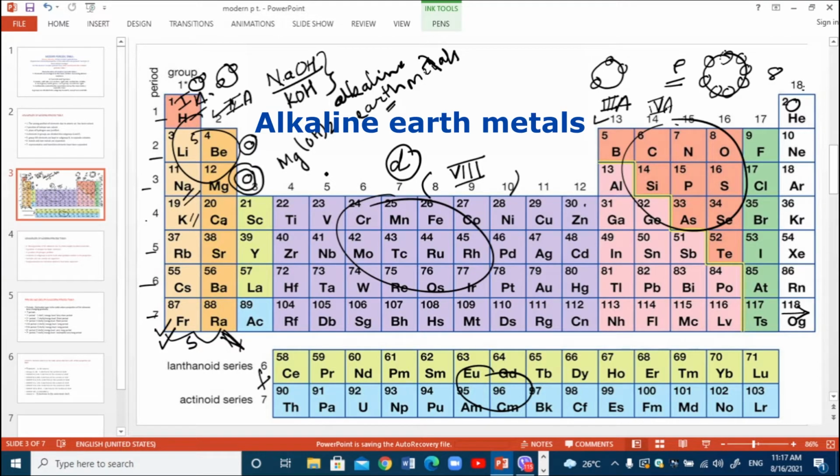These hydroxides are not as strong as sodium hydroxide and potassium hydroxide, which are still strong. So alkali metals are group 1A elements, and alkaline earth metals are group 2A elements.